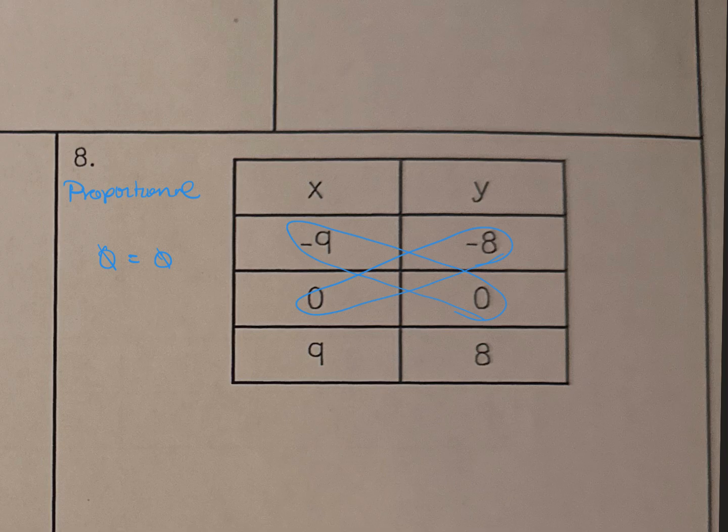You could have said -9 times 8, which would be -72. 9 times -8 equals -72. So it's proportional because their cross products are equal. Let me write that down for you. Cross products are equal.